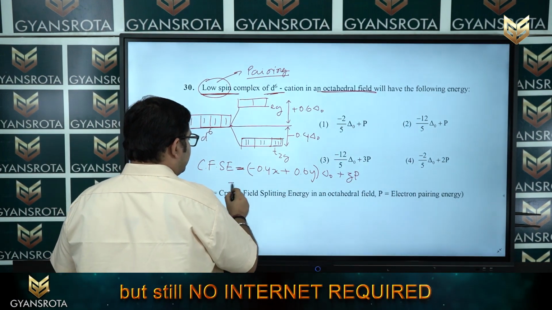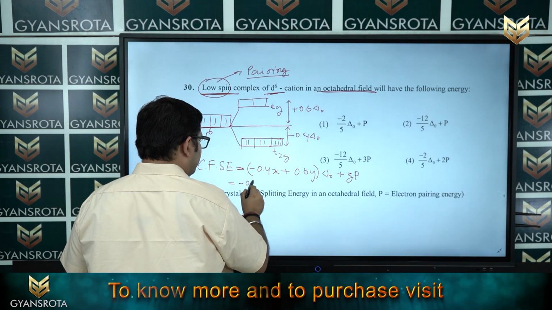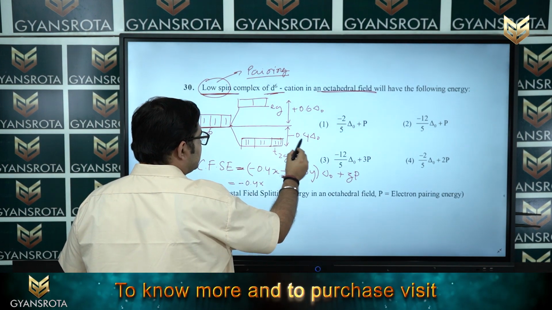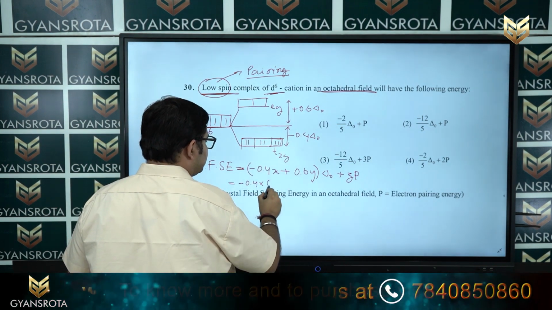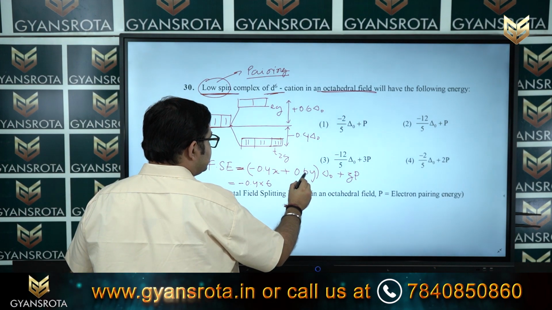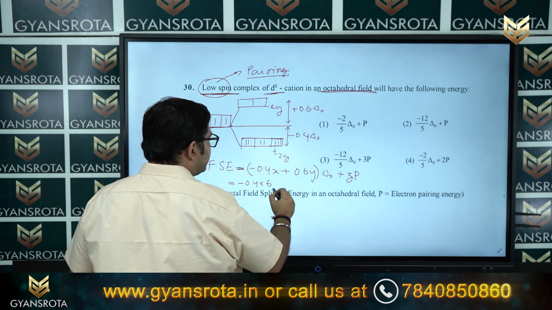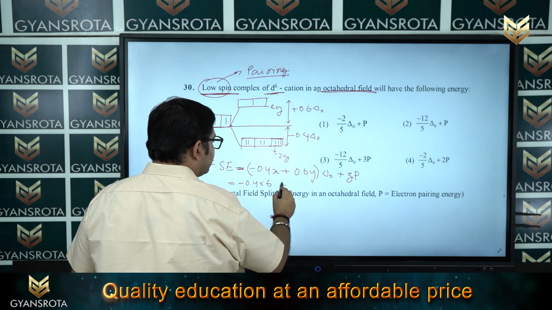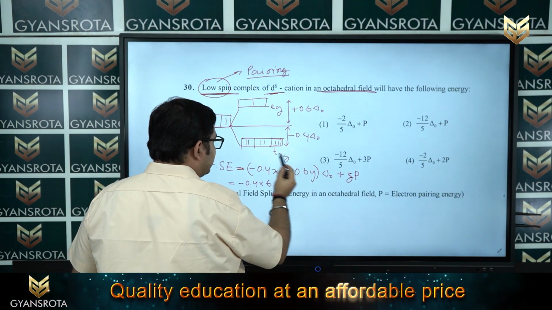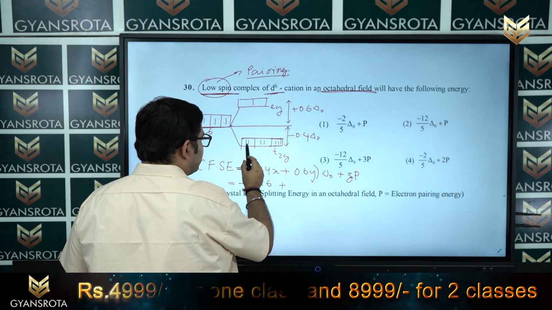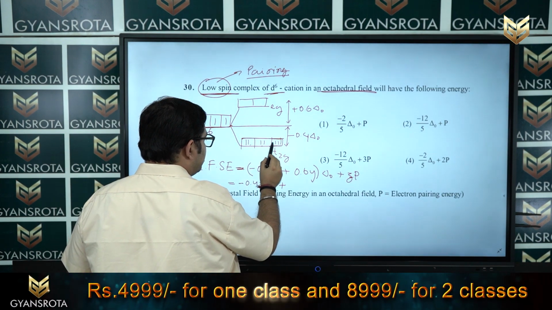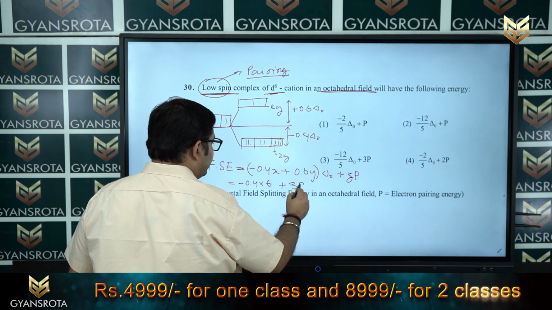Now the first term is 0.4 x: how many electrons are present here? 6 electrons, so it should be 6. For 0.6 y, no electrons are there, so this term comes as 0, plus zP, where z is the number of electron pairs. So how many pairs will be there? 1, 2 and 3. So 3P.